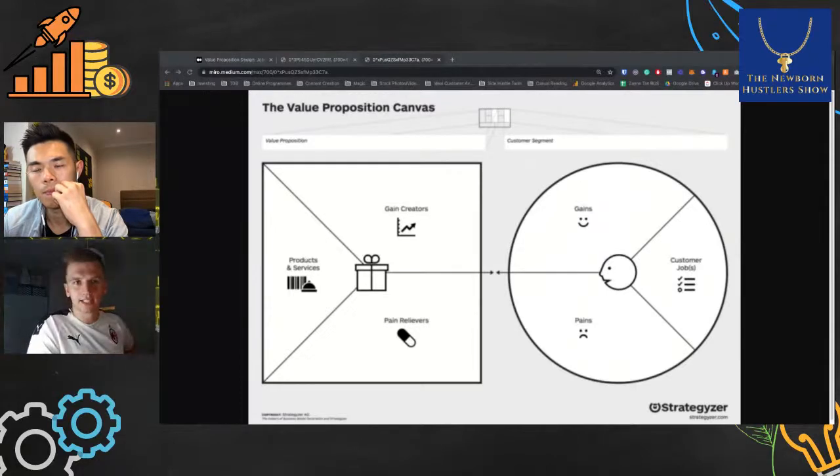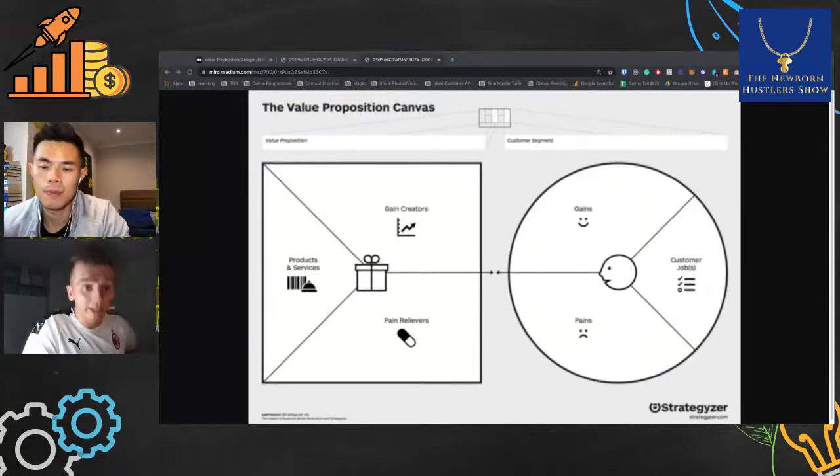So we discussed the customer side now. So now moving to the product and service side, so the business side, our value side. So we start with products and services.